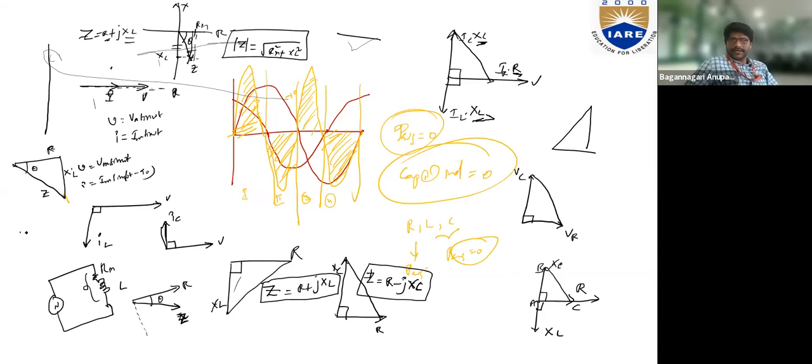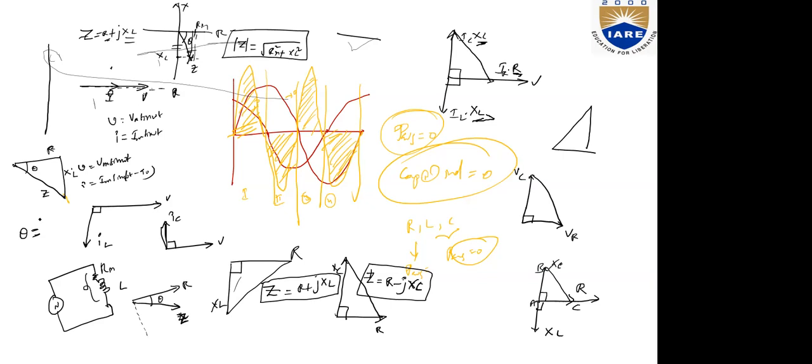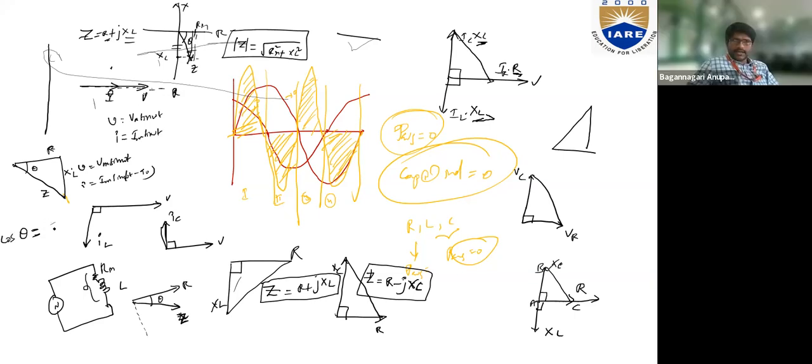What equation can I write for theta in terms of the Pythagoras theorem, the sine equation and the cos equation? Cos theta is equal to R by Z, and sine theta is opposite by hypotenuse, right?